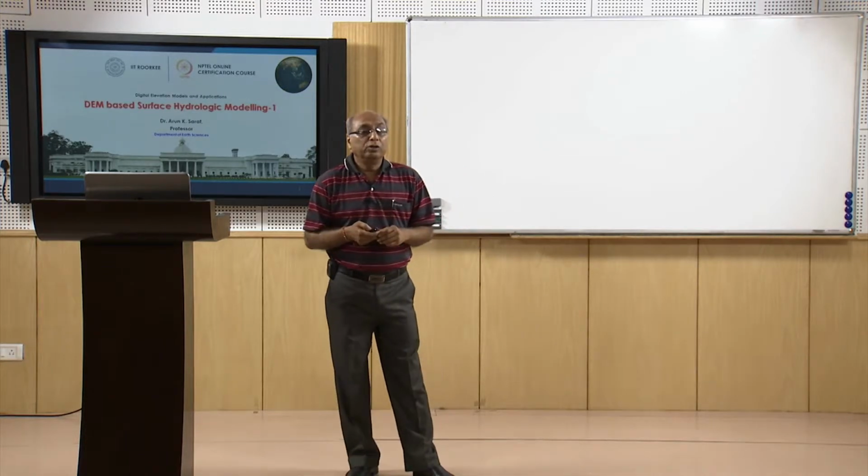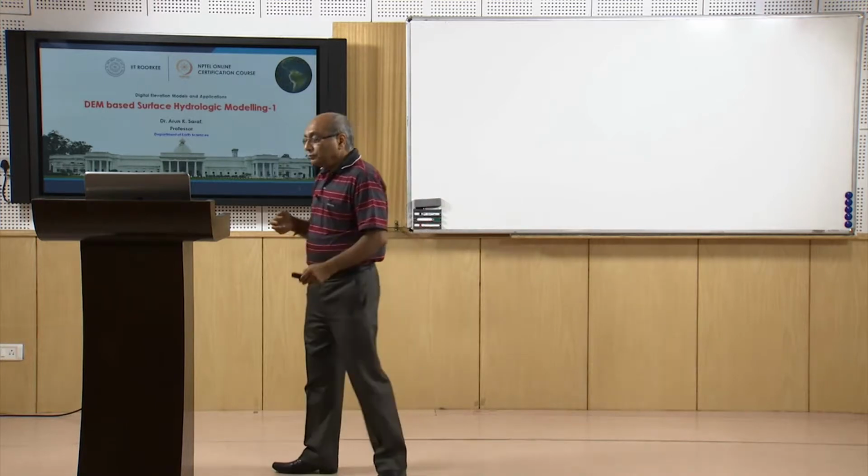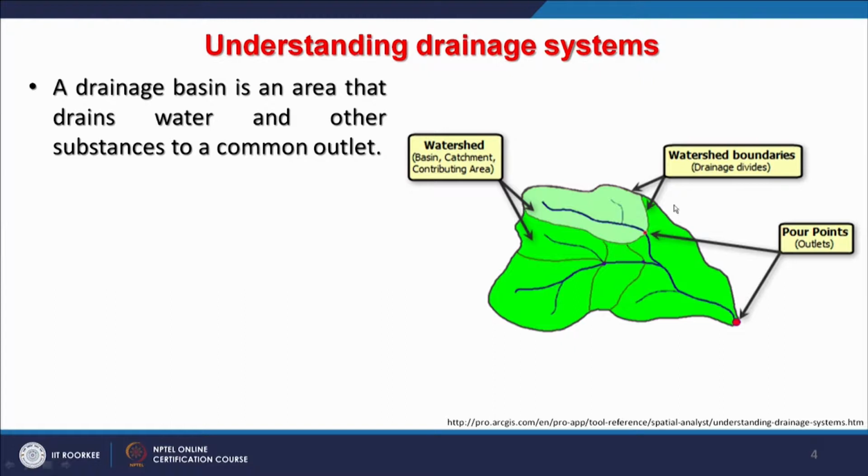Surface modeling focuses basically on the movement of water across a surface, overland flow or surface runoff, as we talk about it. Here we have a drainage basin, a watershed boundary, and in this schematic we also have a drainage network, and this is the outlet, also called the pour point.